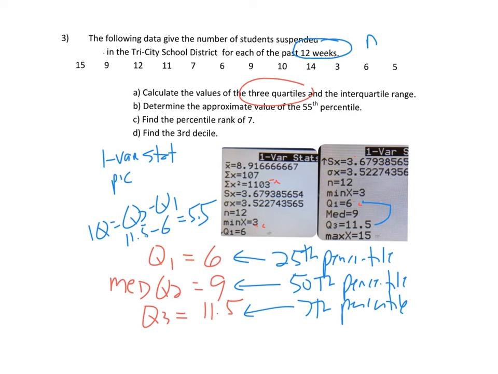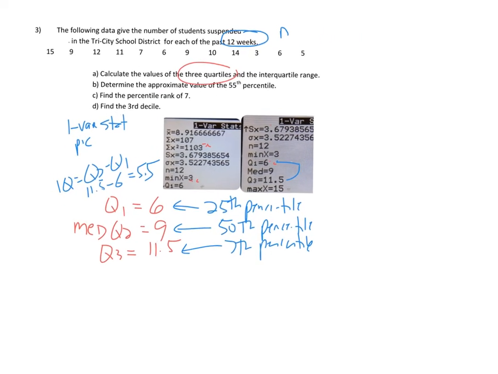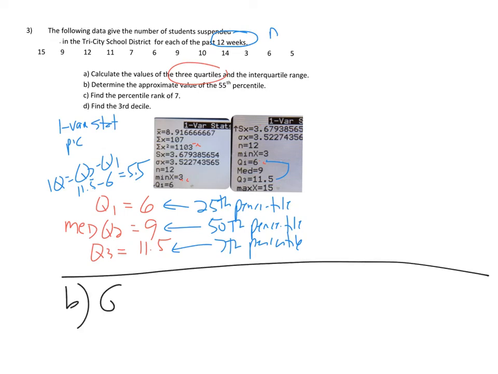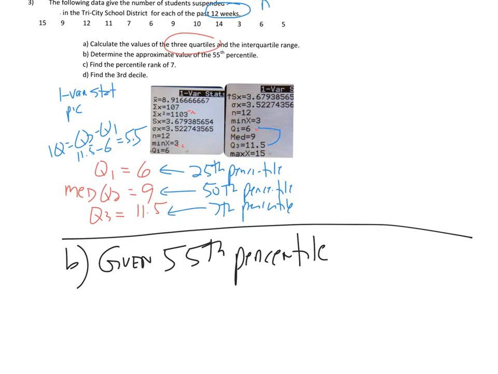Now we have to find in letter B the approximate value for the 55th percentile. So here you're given the 55th percentile. Anytime you're given a percentile, we're going to use that formula. We're going to take the percentile rank, I'll abbreviate it as PR, percentile rank, over 100, and then we'll multiply it by n, the number of numbers.